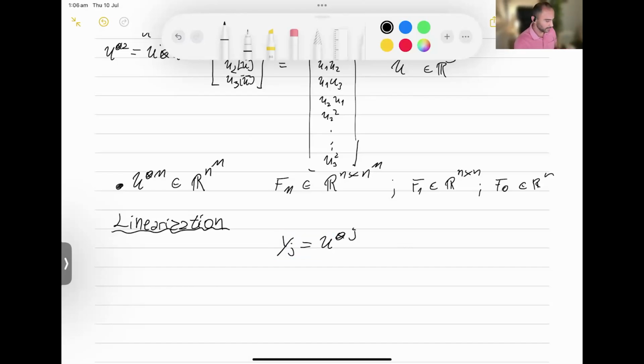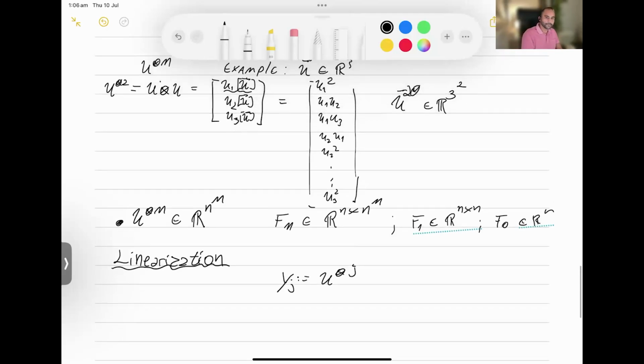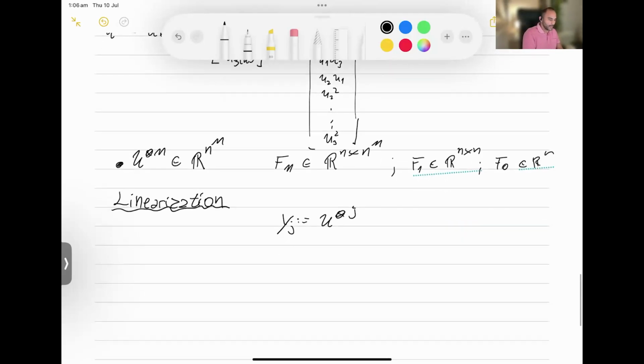So that's the new starting point, this new definition here. Then you just apply the product rule of derivation in terms of this new variable.